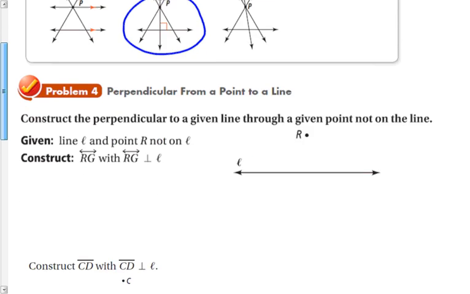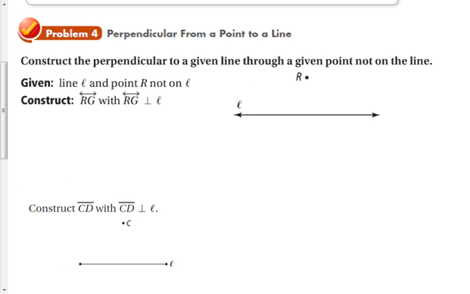So we're going to do one more thing here. We're going to construct the perpendicular from a point to a line. So given line L and point R not on L, we're going to construct RG with RG perpendicular to L. Okay? And to do this, we're going to use our compass.